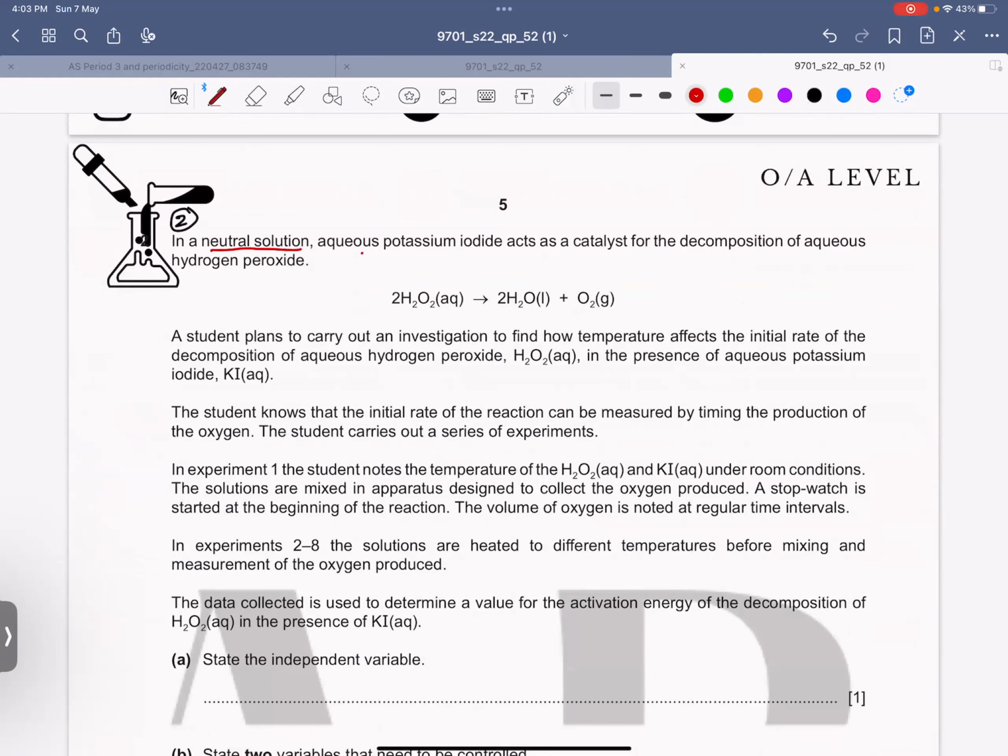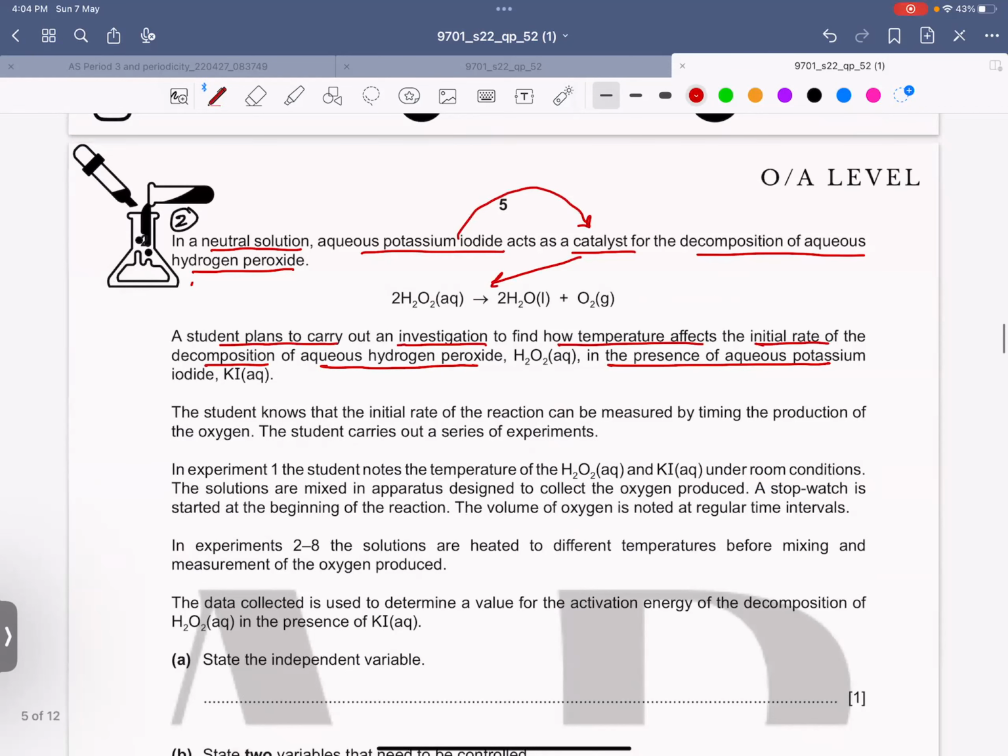In a neutral solution, aqueous potassium iodide acts as a catalyst for the decomposition of aqueous hydrogen peroxide. So it means in this reaction that potassium iodide is behaving as a catalyst. A student plans to carry out an investigation to find out how temperature affects the initial rate of the decomposition of aqueous hydrogen peroxide in the presence of aqueous potassium iodide.